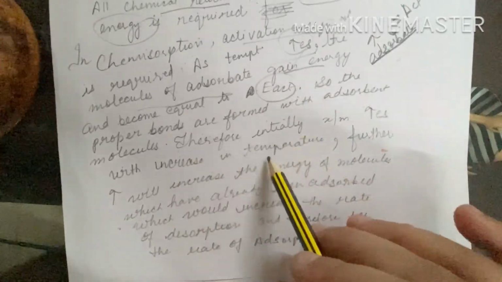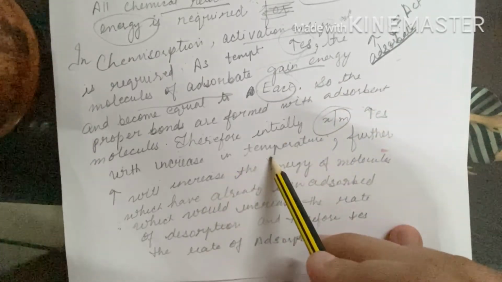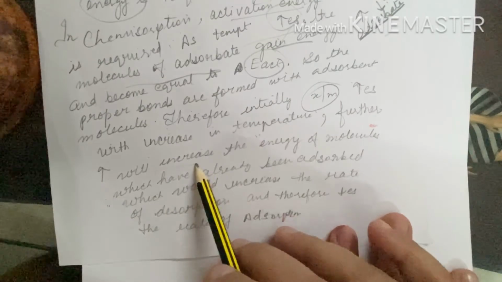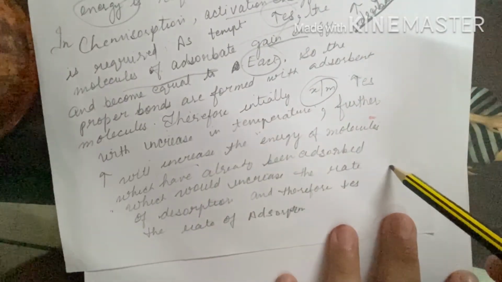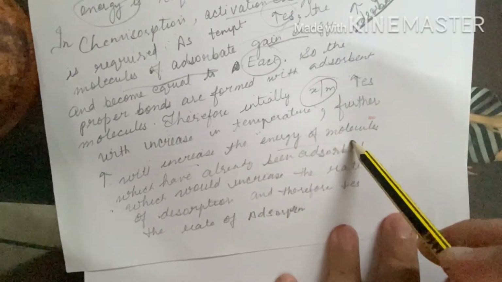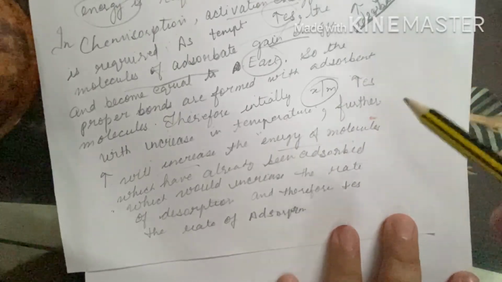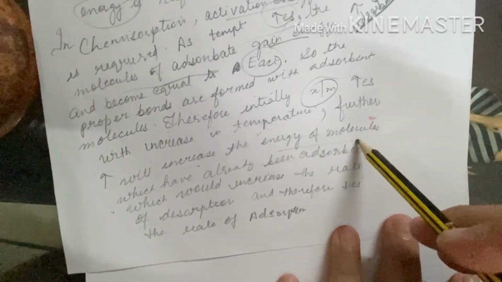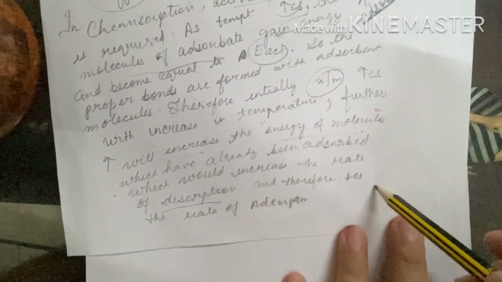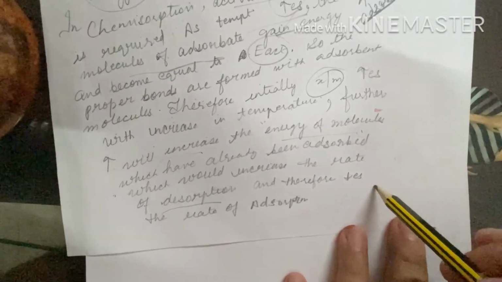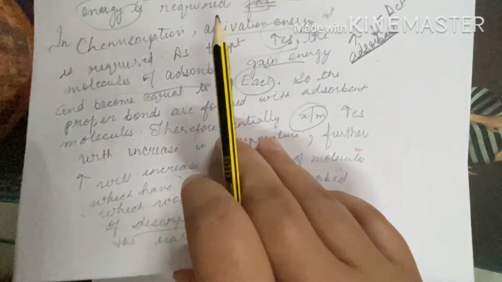Hence initially the value of x upon m, or the extent of adsorption, increases with increase in temperature. But when you increase the temperature further, the molecules adsorbed on the surface of the adsorbent gain kinetic energy and start the process of desorption, thus decreasing the extent of adsorption, that is x upon m.